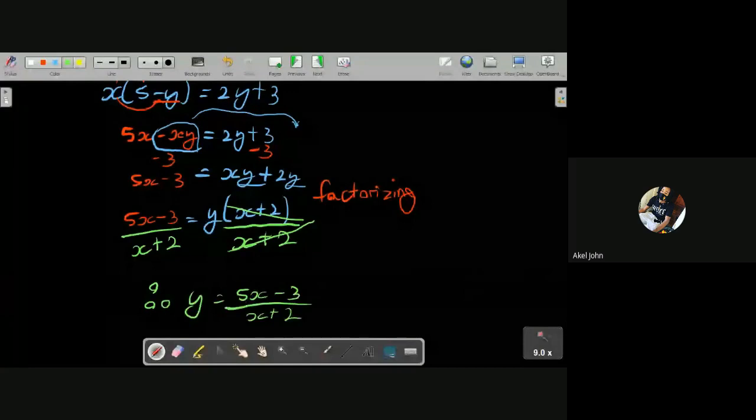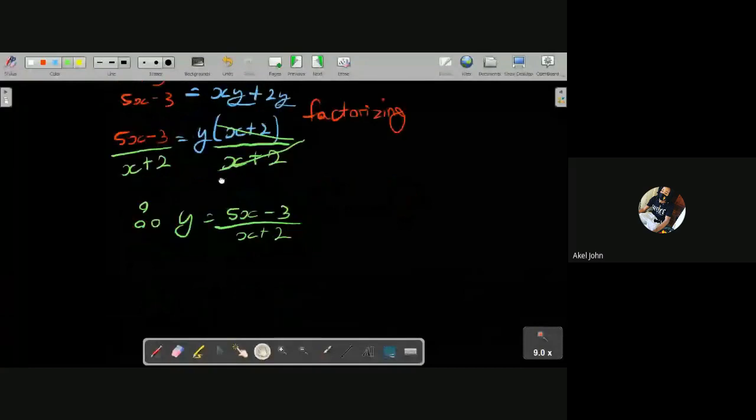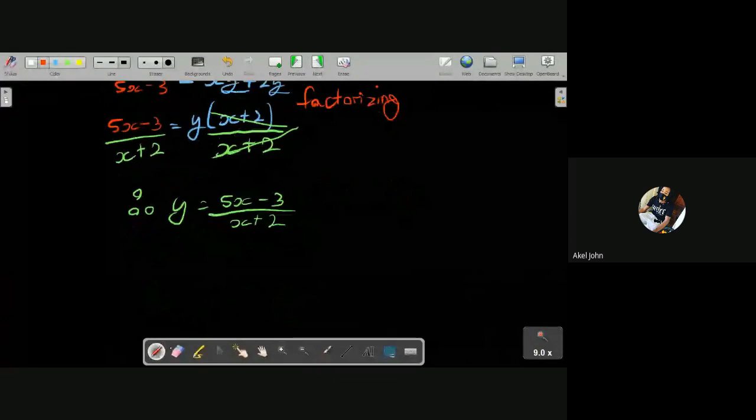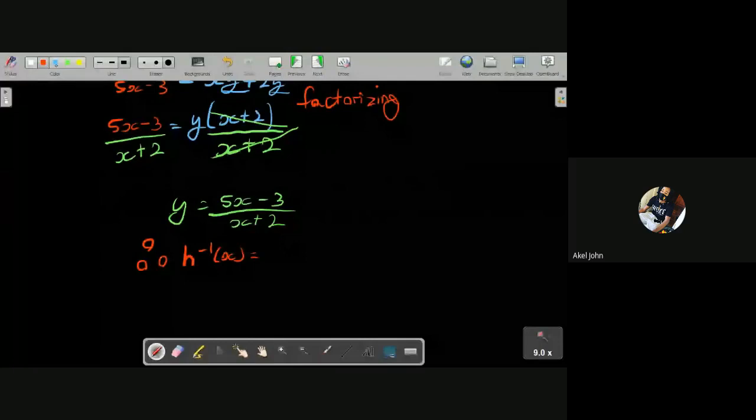Hold on, we didn't finish it. Take out the therefore part. Now let me really put it in now. Therefore, the inverse of h of x is equal to, putting it in blue, 5x minus 3 over x plus 2.